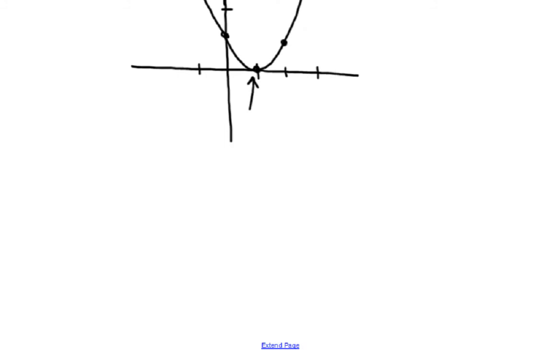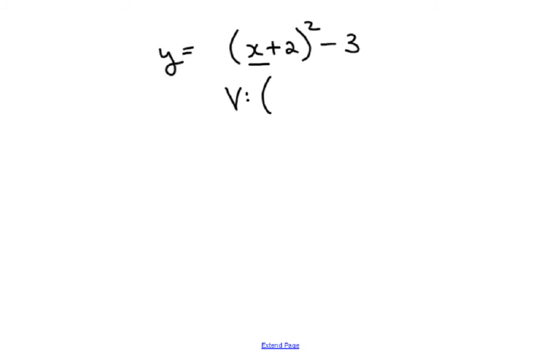Now, if we carry on here, what if I have both of those things happening? So let's say I had an example where I had (x plus 2) squared, and I went minus 3. Well, I think the key to the whole thing is to locate the vertex. We know the x-coordinate is whatever makes the stuff in brackets here become 0. So that's going to be negative 2.